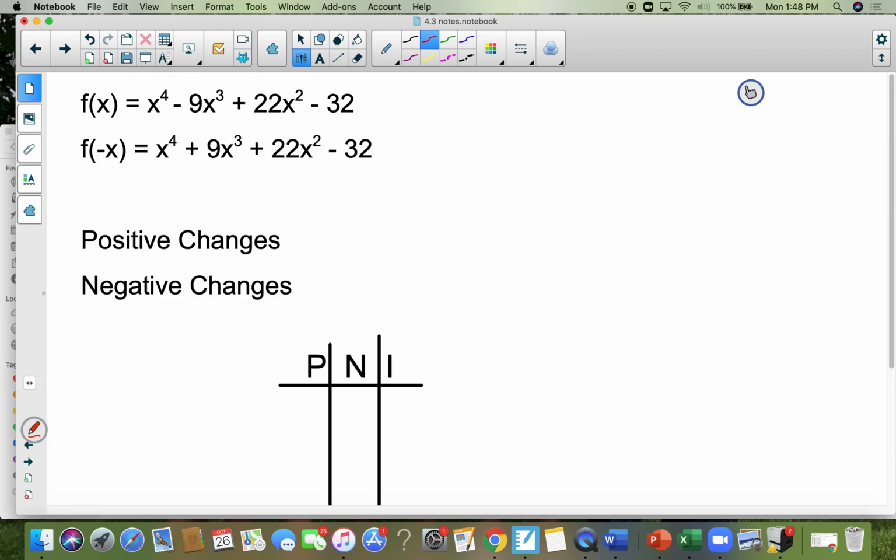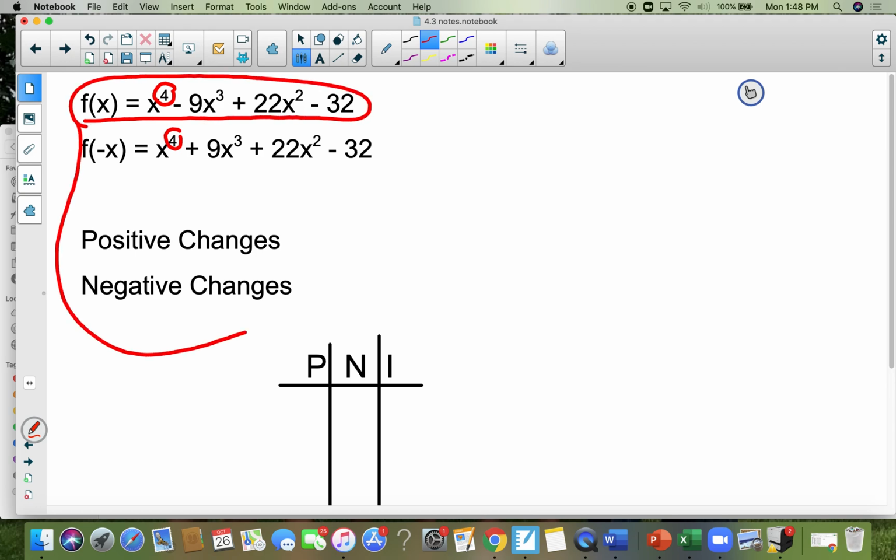So Descartes says that there are 4 solutions to this problem. This is the original problem. This is going to be the change in signs of the positive. So it starts with a positive x to the 4th, then it goes a negative 9x to the 3rd, then a positive 22x to the 2nd, then a negative.